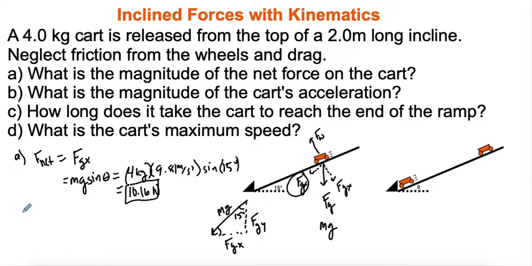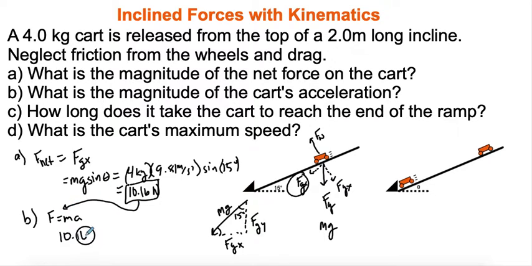So the next piece here, B, what's the magnitude of the cart's acceleration? So we have to remember what force in general is going to be. Newton's second law tells us that force is mass times acceleration. Okay, so if we have the net force, we know 10.16, so that goes in for the force.